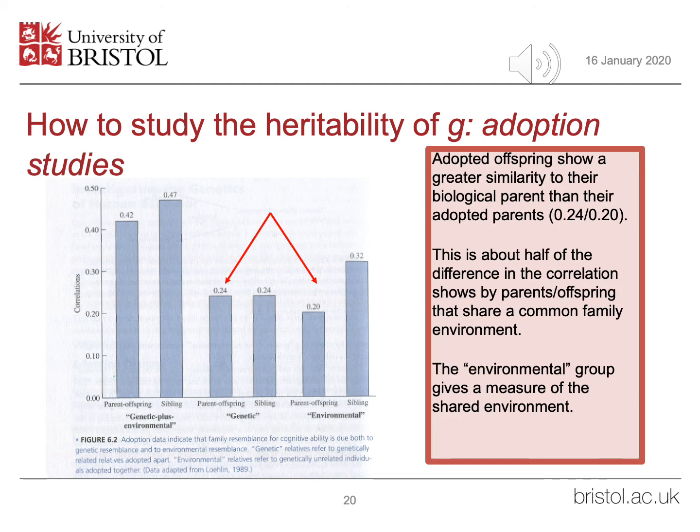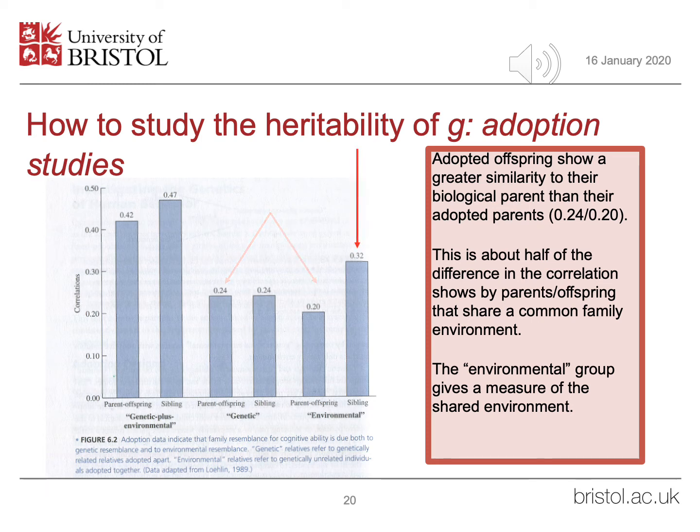If we look at the chart, we can see that adopted offspring show a greater similarity to their biological parents than their adopted parents. Look at the figures 0.24 in the middle genetic column for parents and offspring, and compare that with the figure 0.20 in the right-hand environmental column for adopted parents and offspring.